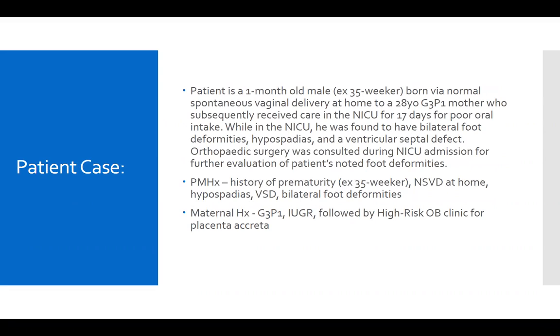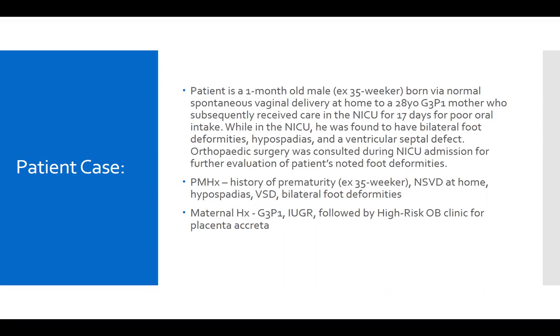We'll start with a case. Our patient is a 1-month-old male, born via normal spontaneous vaginal delivery at home to a 28-year-old G3P1 mother, who then subsequently received care in the NICU for about 17 days for oral intake. While in the NICU, he was found to have bilateral foot deformities, also hypospadias and ventricular septal defect, and orthopedic surgery was consulted during the NICU admission for further evaluation of his noted foot deformities.